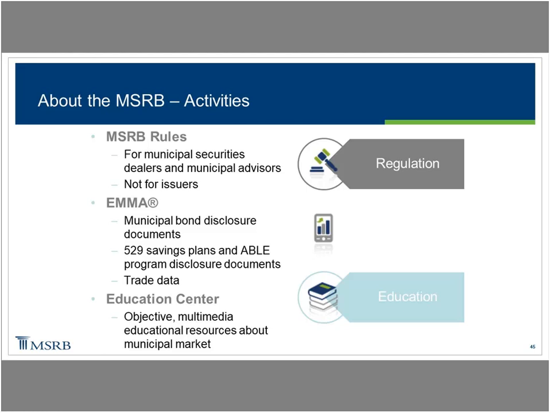In addition, investors can also access trade data. So we require dealers in municipal securities to report to the MSRB information about virtually every transaction in municipal securities within about 15 minutes. And so investors in municipal securities can access our website and see information about transactions in municipal securities as well as the price at which those transactions were executed.